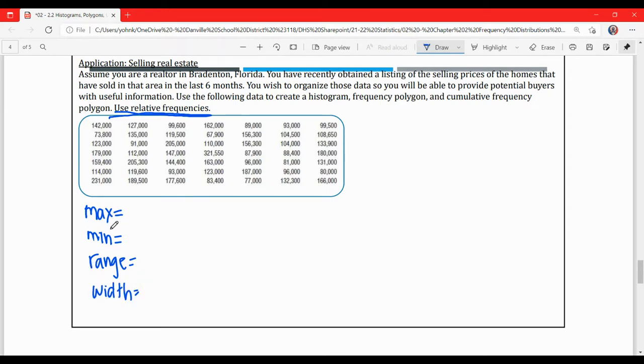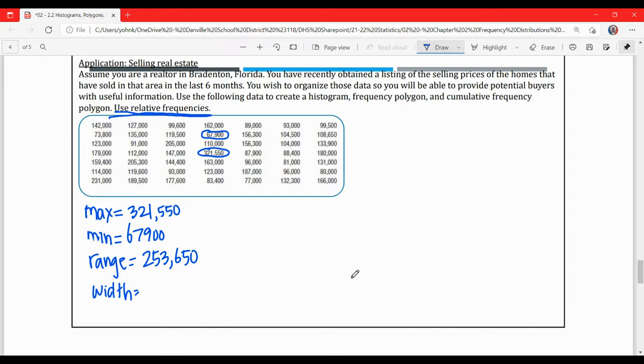So the maximum value in the table is 321,550, and the minimum value is 67,900. That gives us a range of 253,650.